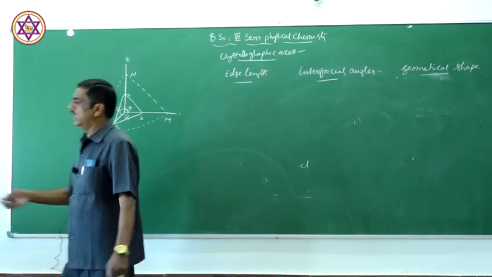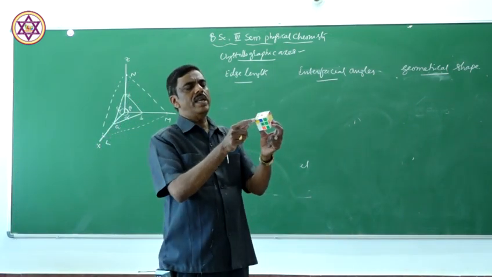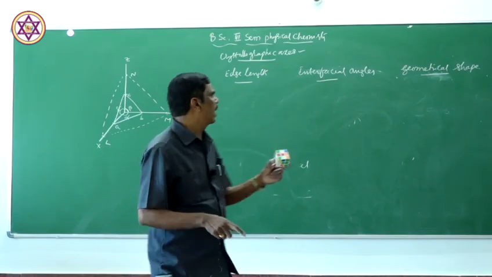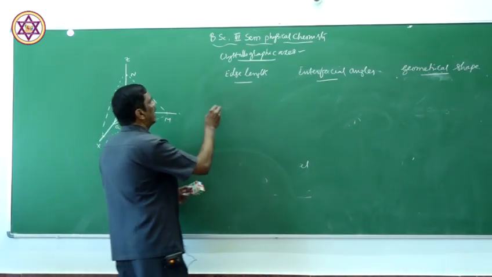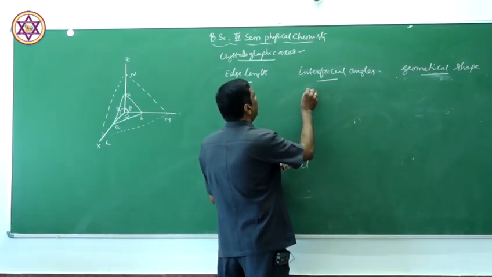In the case of a cubic crystal, all the edge lengths and angles are equal. Edge lengths, and the interfacial angles alpha, beta, gamma are all 90 degrees.